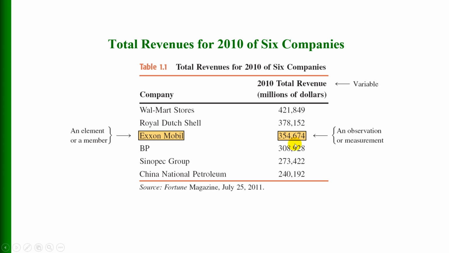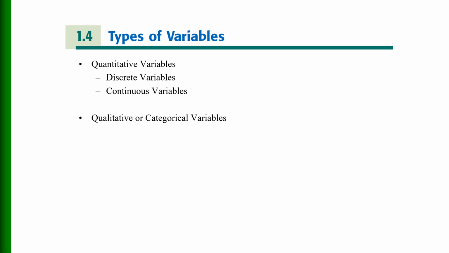So this particular value is an observation or measurement, and this is an element or a member of these companies, and this is total revenue. This is the variable. So you see, total revenue varies from company to company. So this is how observation, element, and variable can be distinguished from each other.